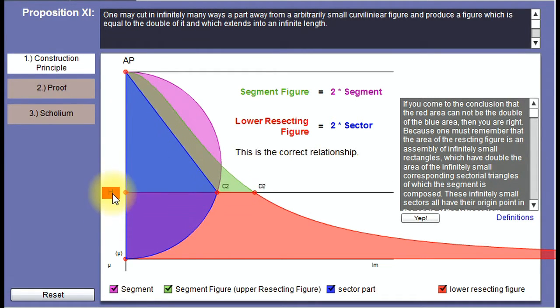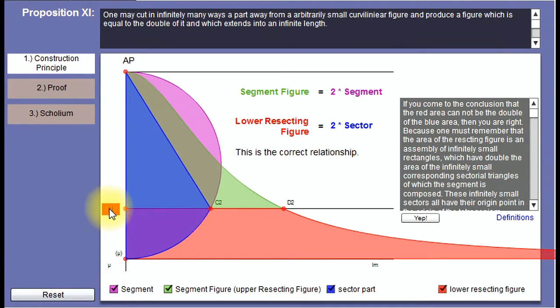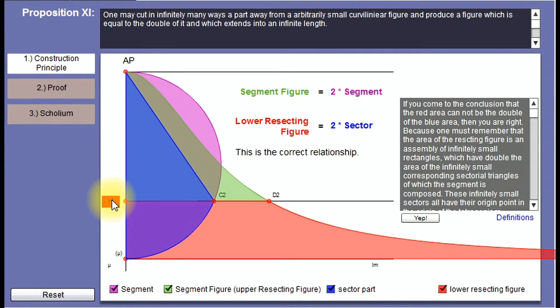This is important to keep in mind and to point out, because if you read proposition 11 you can very quickly come to the wrong conclusions. And we're going to elaborate further now.